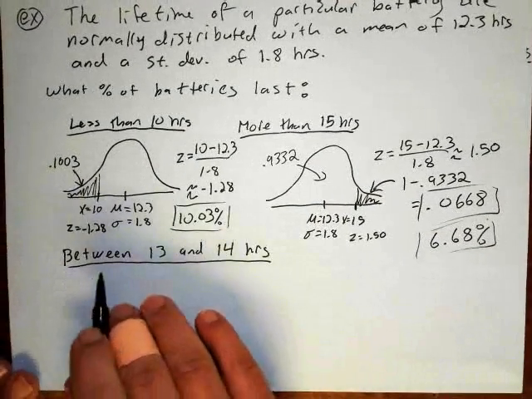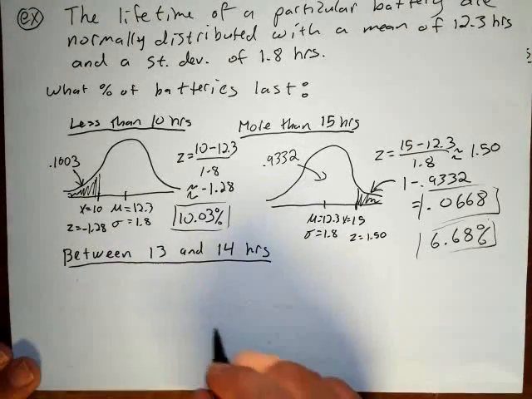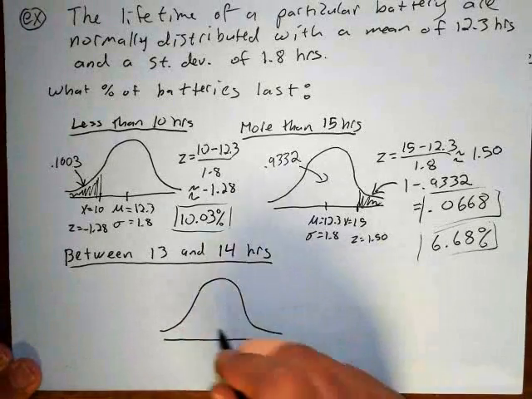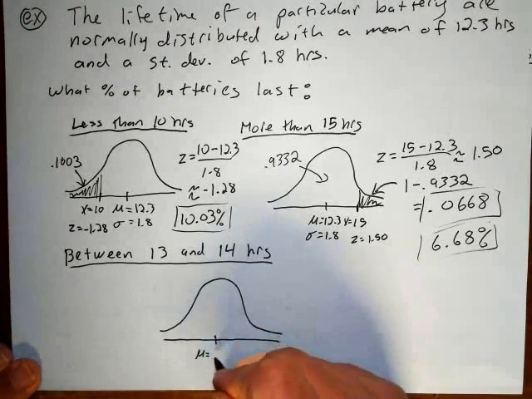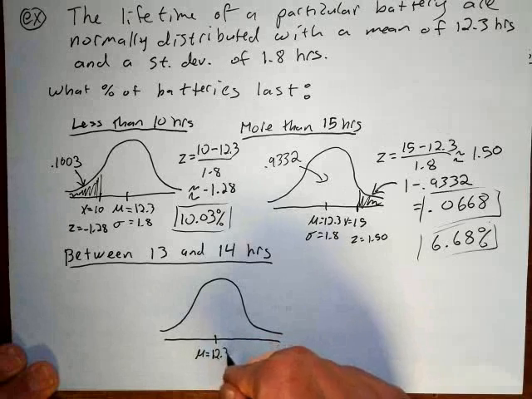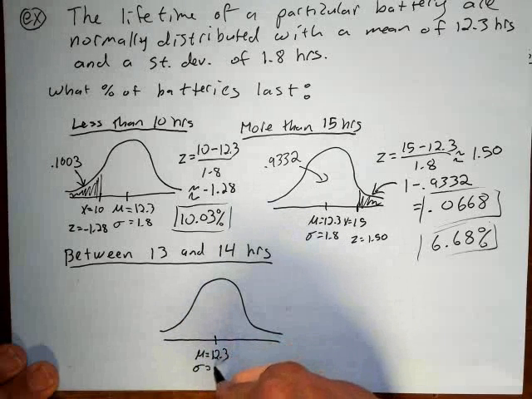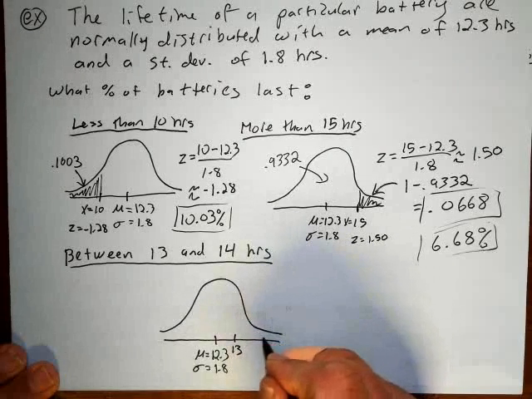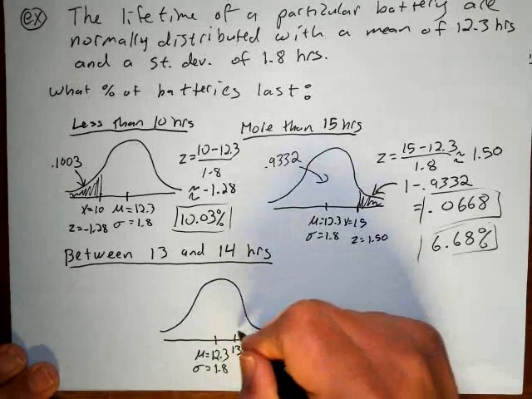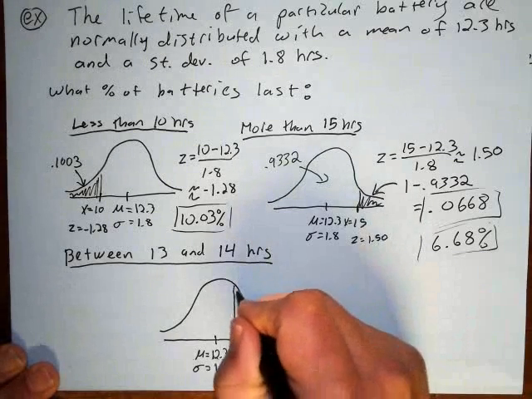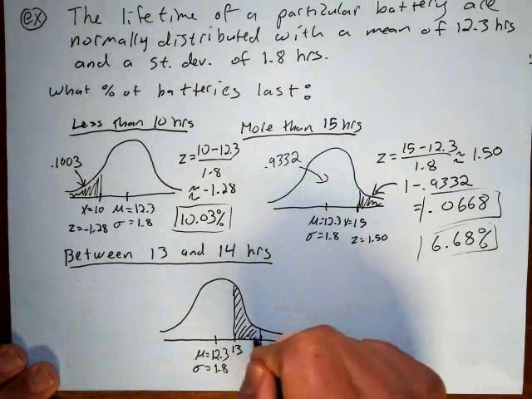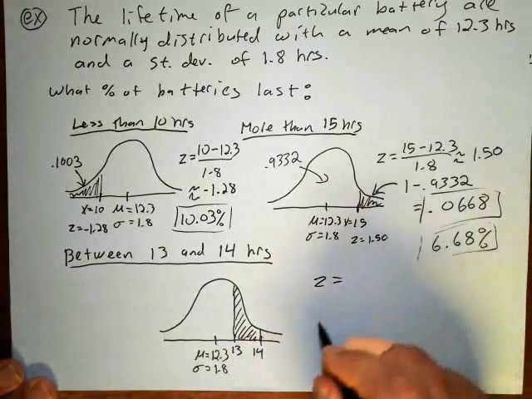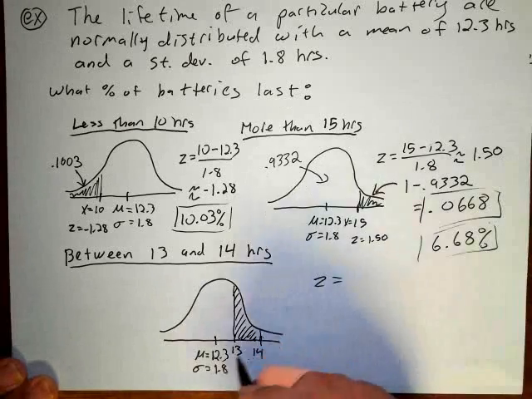And now the final one, between 13 and 14 hours. So let's draw our curve here. The center is 12.3, standard deviation 1.8. 13 is kind of close to the mean. 14 is above that a little bit, and you want the area between those two. So this involves finding the z-score for each one, then looking them both up and subtracting the areas.